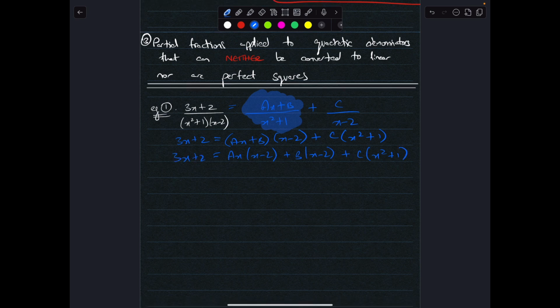First of all, how about I take x as 1, or rather 2. So this cancels off, and I'd be left to find c. So c into 2 square plus 1, and on this side I have 3 into 2 plus 2, and c turns out to be 8 over 5.